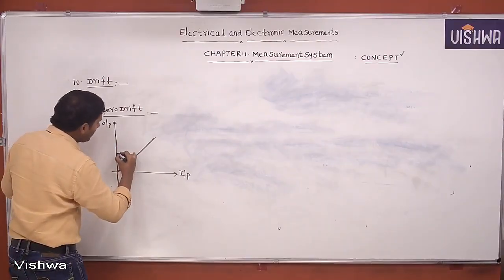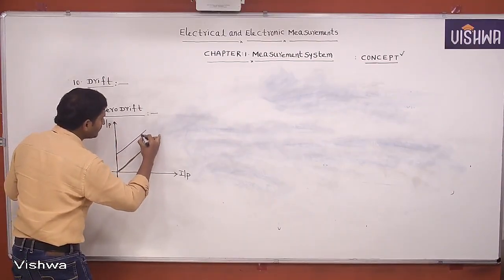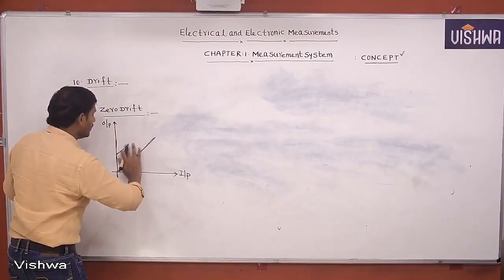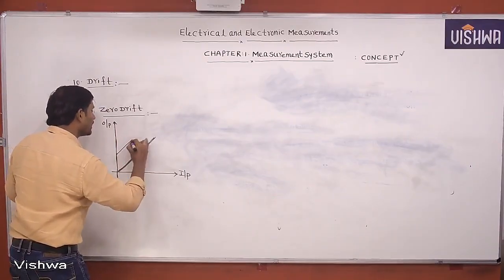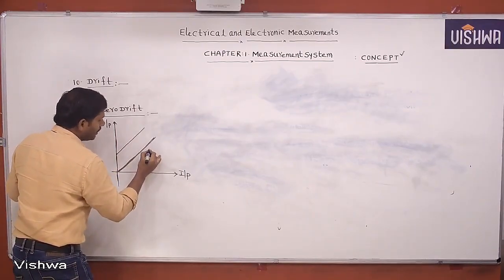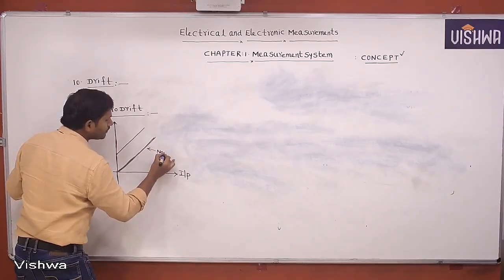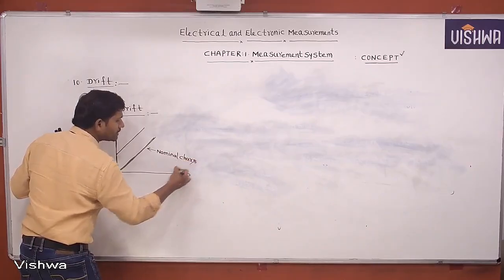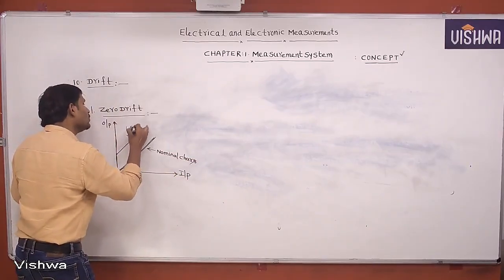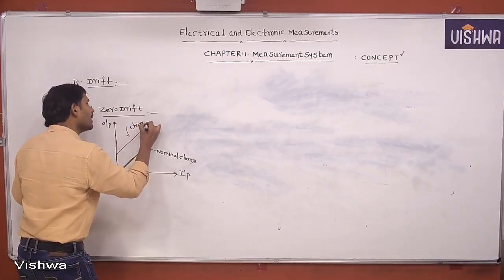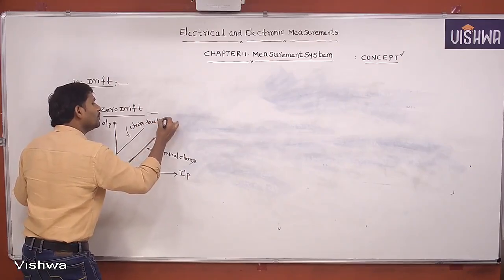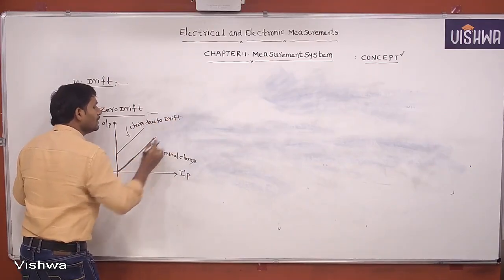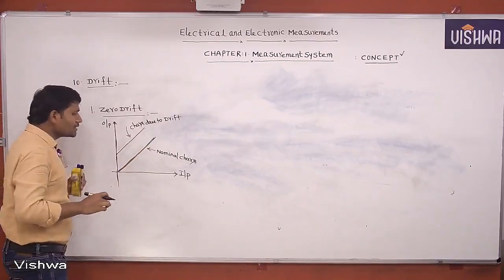But practically I am getting characteristics like this. These are the nominal characteristics, and these are the characteristics due to drift.